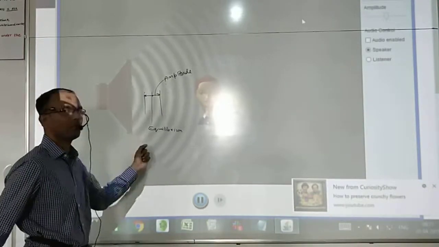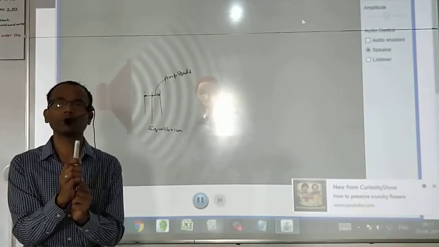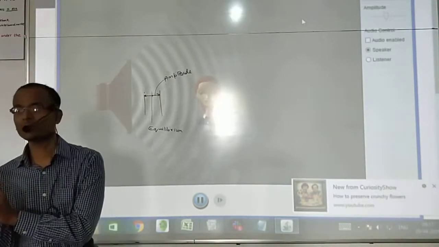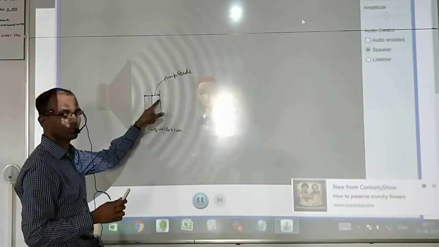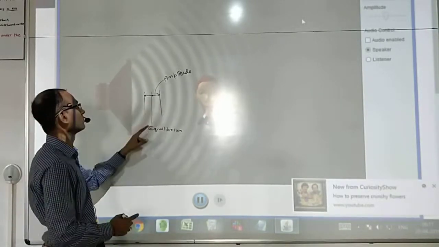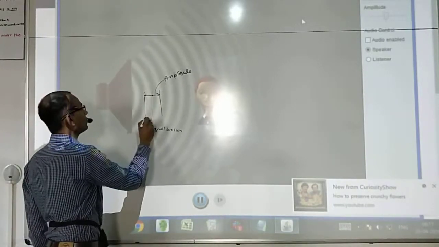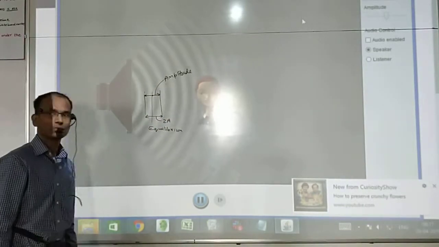Every particle will move from its equilibrium position to one extreme position, then back to equilibrium, then to the extreme position in the opposite direction. So the amplitude is from the equilibrium to one extreme position. Equilibrium to the other extreme is another amplitude. So from one extreme to the other extreme will become 2 amplitudes, twice the amplitude. Okay?